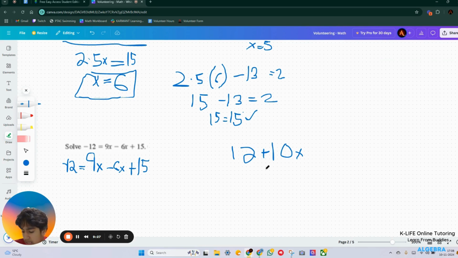One is a number, which is 12, and 10x is a number with a variable with it, okay? So you cannot add them up. That's what combining like terms says. You can only add up numbers which are classified as the same identity. So like I said, 12 plus 10 is combining like terms, but 12 plus 10x is not combining like terms. So remember that.